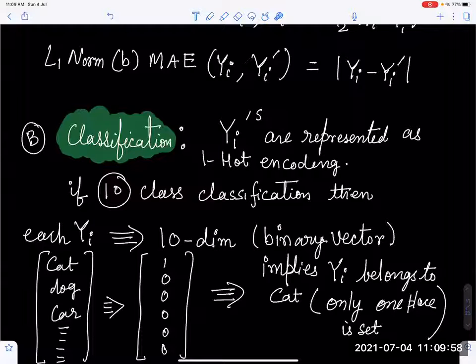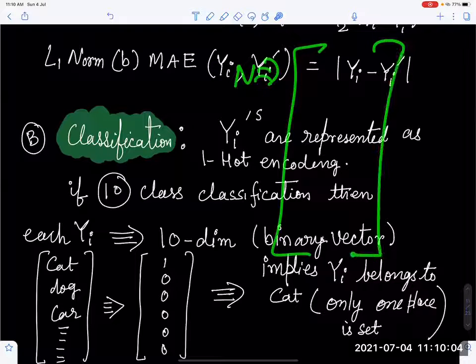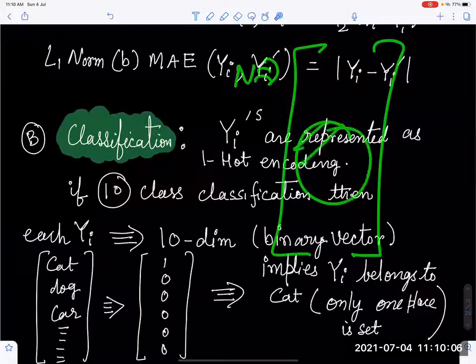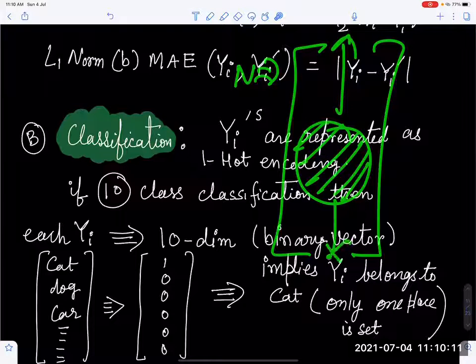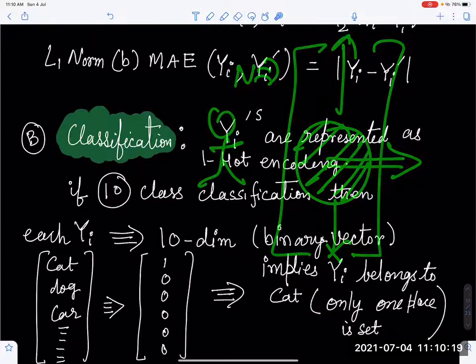So basically, one hot encoding is only saying that there is an n-dimensional vector out of which only one location is hot, or one location is 1. The remaining locations are 0, and this tells the actual class of that subject or given data.